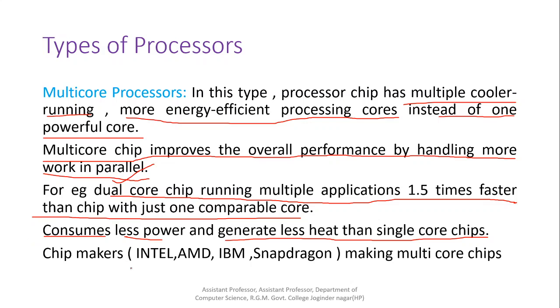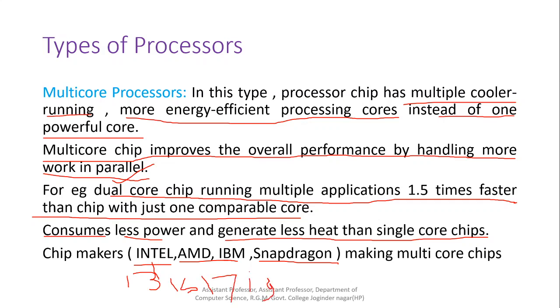There are many chip makers or manufacturers in the market that produce multi-core processors, like Intel, AMD, IBM (International Business Machines), and Snapdragon. The main examples of Intel processors are the i3 processors, which are dual core or quad core. We have i5 processors, i7 processors, and now also i9 processors.